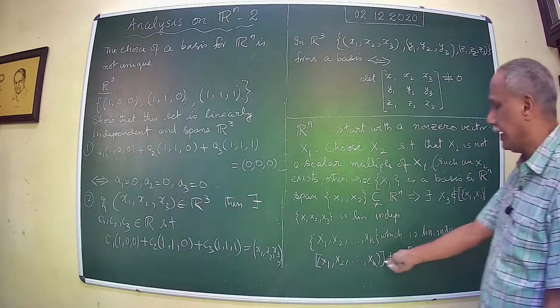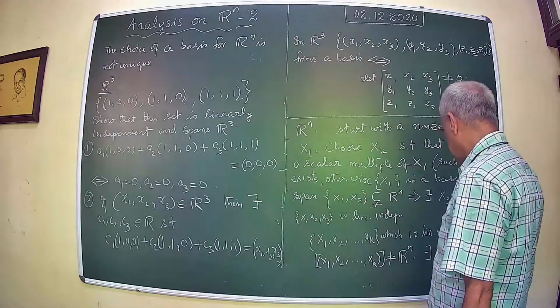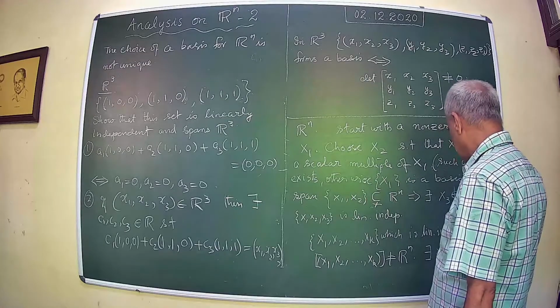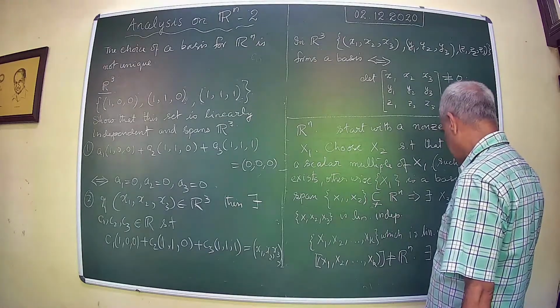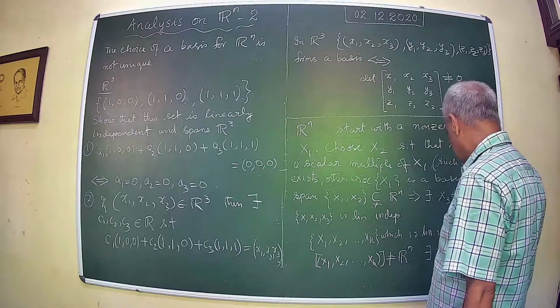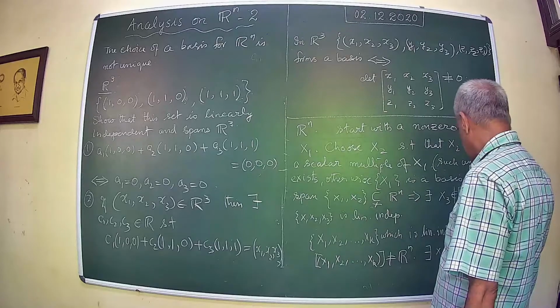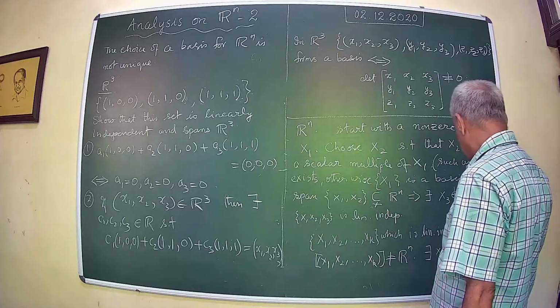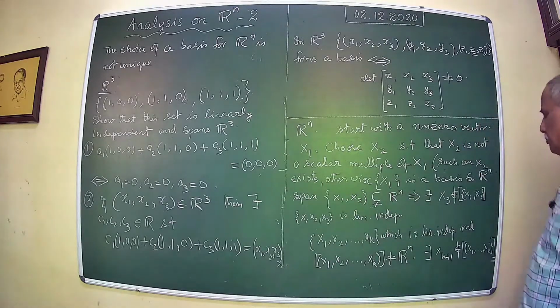You can find an xk plus 1 not in the span of this, but in Rn.